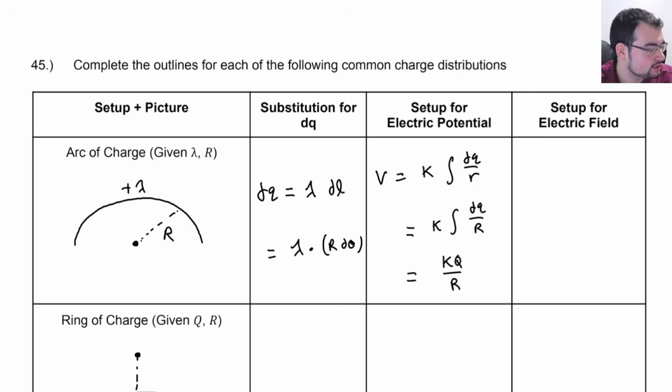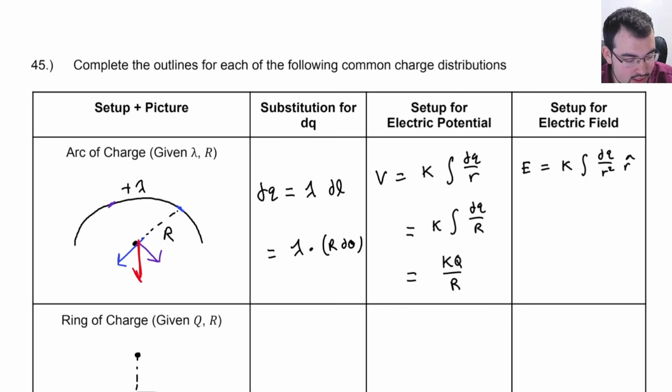And then for the setup for electric field, we have to determine if we need vectors or not, because E is the integral of k dq over r squared r hat. So if I look at the arc, I would get pushed away from this segment, and I would also get pushed away from this segment, and we see that there's some symmetry here canceling horizontally, so we just get a net field that's directly vertical.